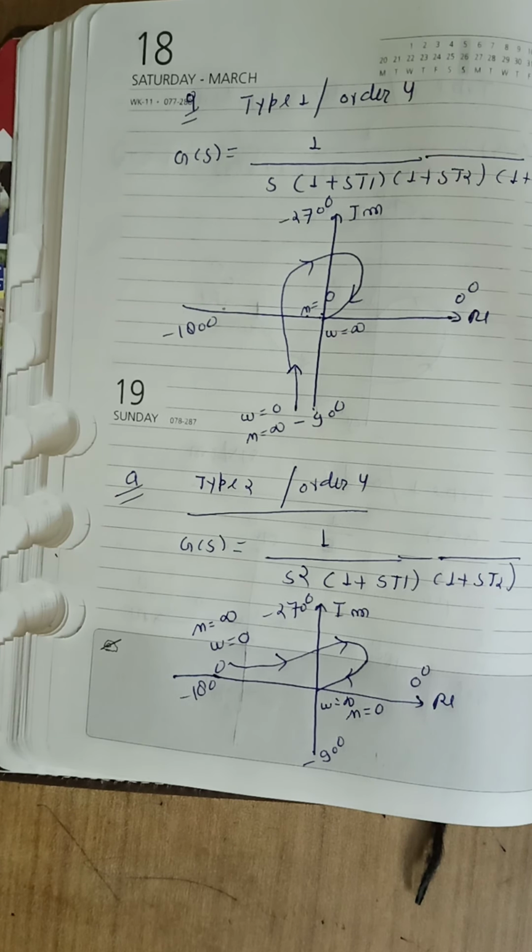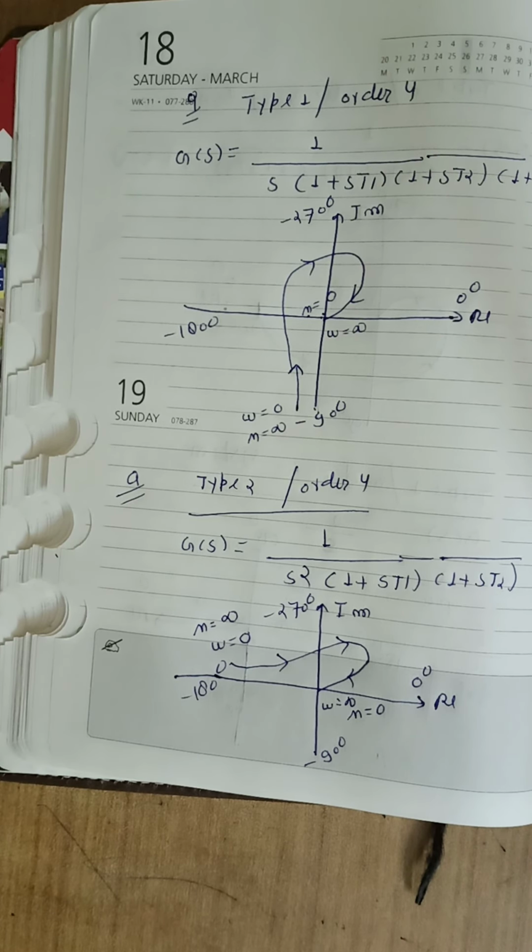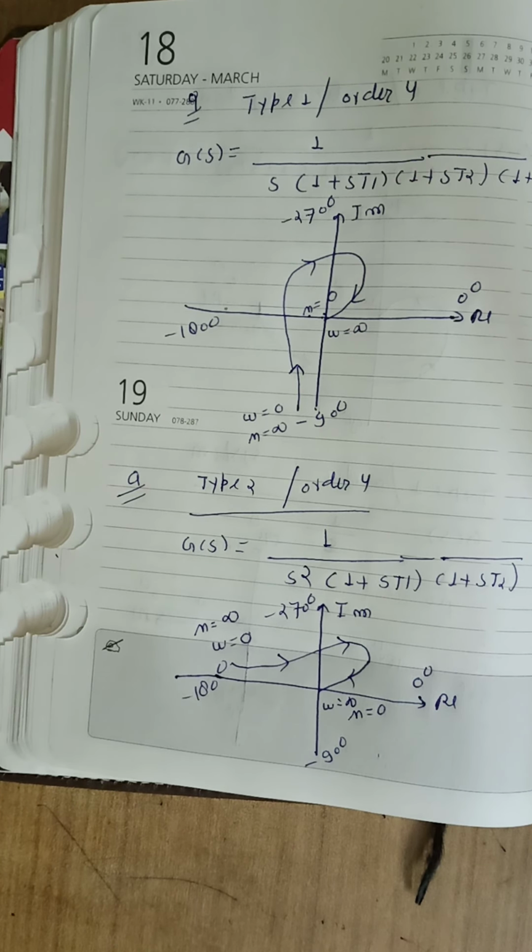But whenever it is asked in the exam, you have to properly show all the steps. That means first we will calculate G(j omega) after putting s equal to j omega. Then we will calculate the magnitude of G(j omega). Then we will calculate the phase of G(j omega). After that we will calculate magnitude and phase for omega equal to 0 and for omega equal to infinity.